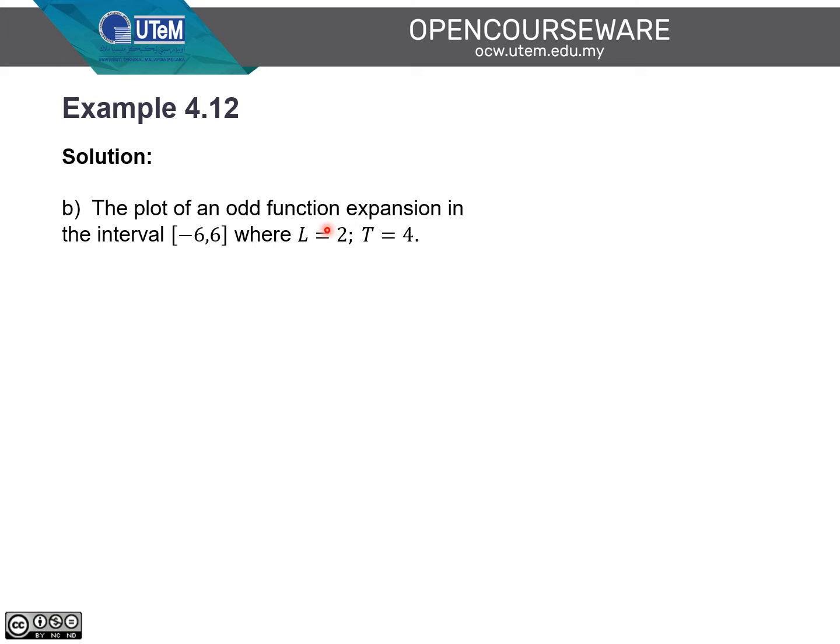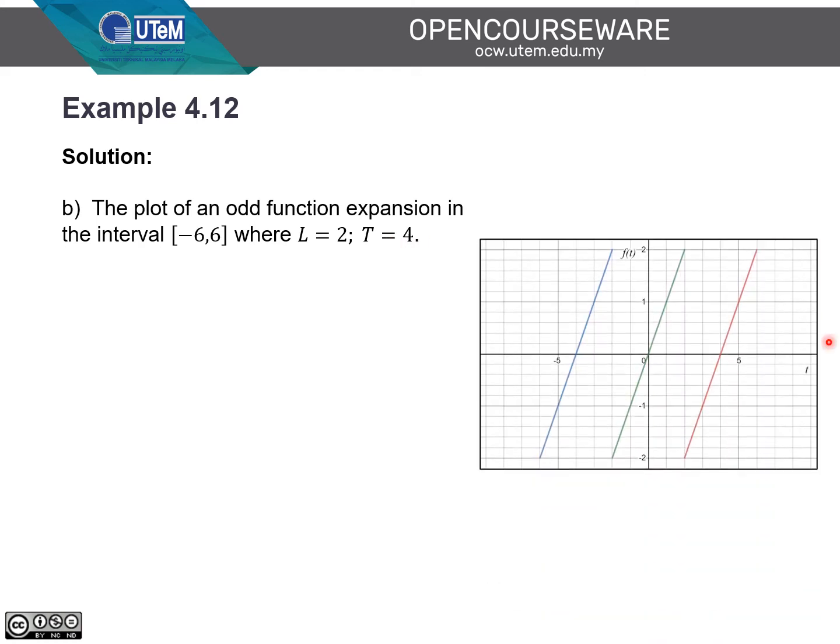First, we need to sketch the odd function expansion within the interval from t equals -6 to t equals 6, where L is 2 and the period T equals 4. And this is the plot of the odd function expansion.